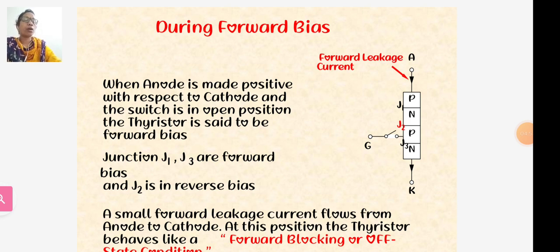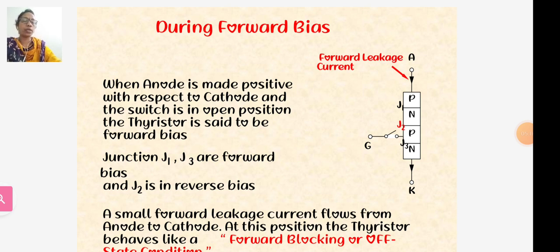Hence, all the 3 junctions will allow the electrons from anode to cathode. Consequently, a large current will flow through the junctions J1, J2, J3. That current is called the forward anode current.